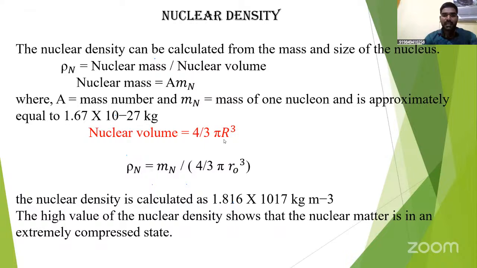That is 4 by 3 pi r cube, where r is the radius of the nucleus. The mass of the nucleus is M suffix capital N. By using these two, mass and volume, we can find the density. That is rho n is equal to the mass of the nucleus by the volume, that is M suffix N by 4 by 3 pi r naught cube.